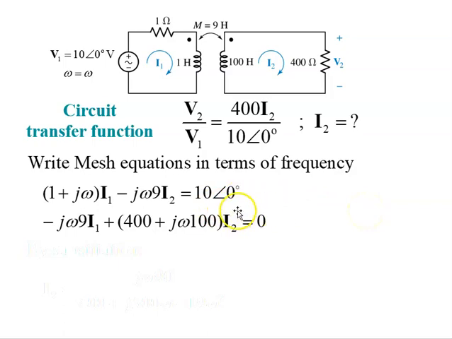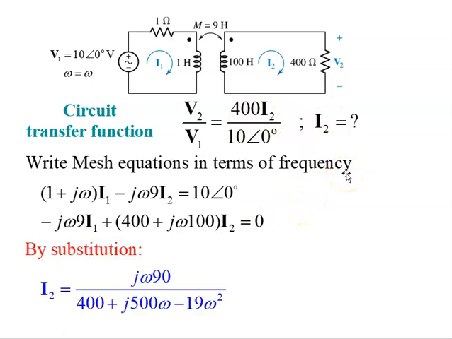So we want to then solve this for I2, because that's what we want to get, the ratio of the voltage phasors, and by substitution we can get I2 in terms of omega, where what we have is a second order polynomial with respect to omega in the denominator, and a first order linear omega times j90 in the numerator.